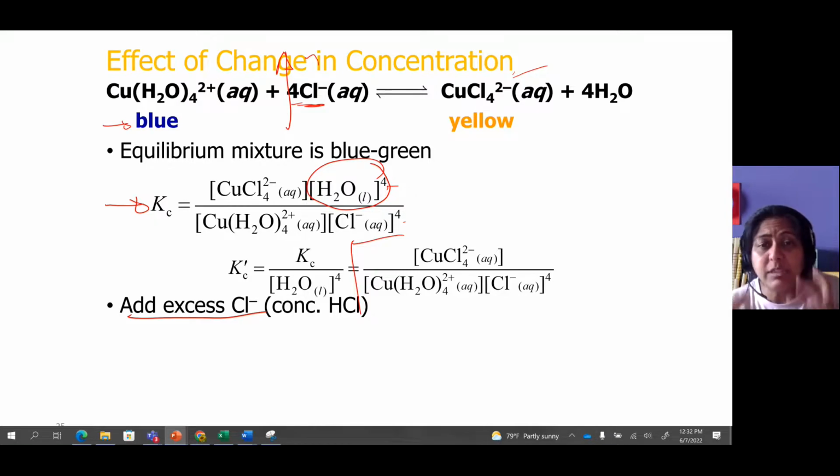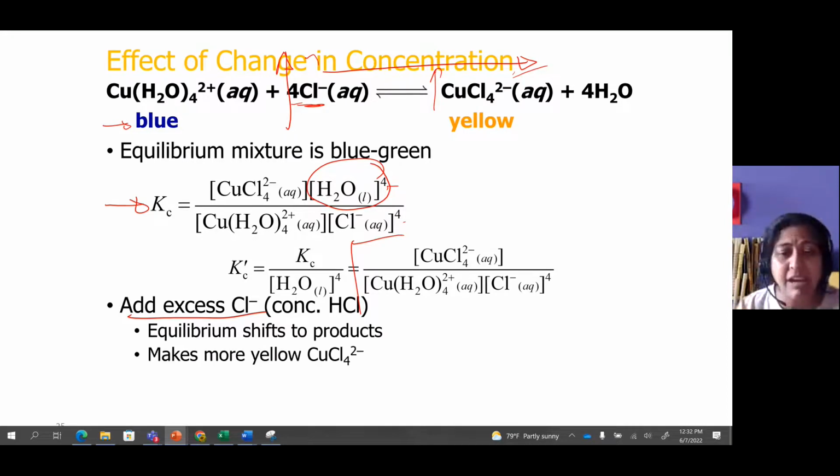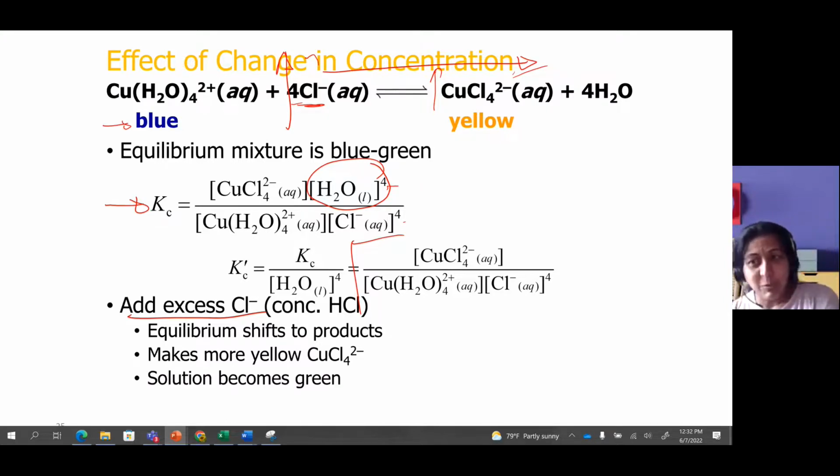Then the system needs to consume this. Yes, the system needs to move forward, consume the additional chloride and make more products. So we'll see the production of more yellow complex. The equilibrium shifts towards products, makes more yellow complex, and the solution becomes more green because more yellow is in the mixture.